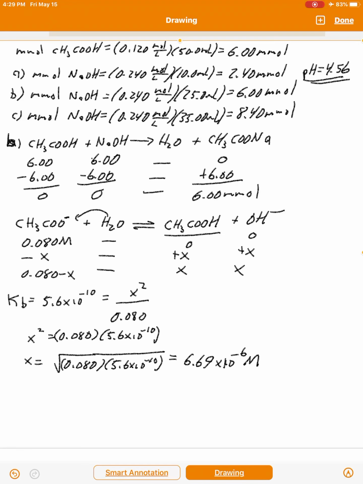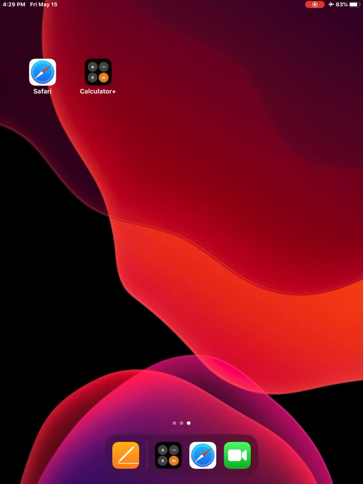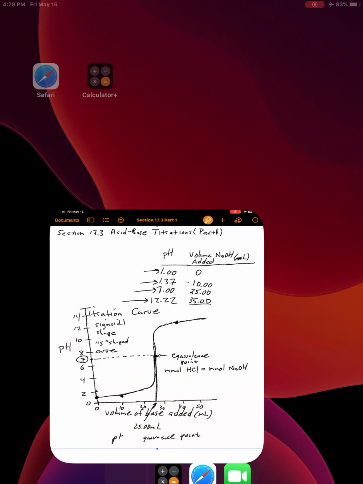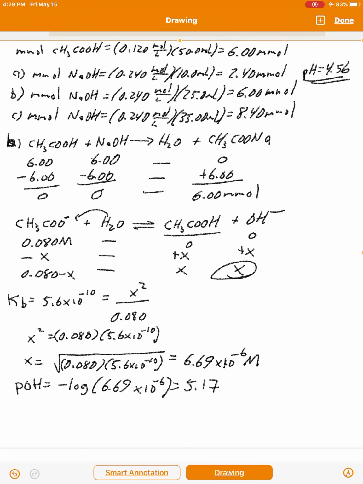Well, x is the hydroxide concentration, so that means pOH is the negative log of that. 5.17. So pH is 14 minus that. Looks like it's around 8.83.